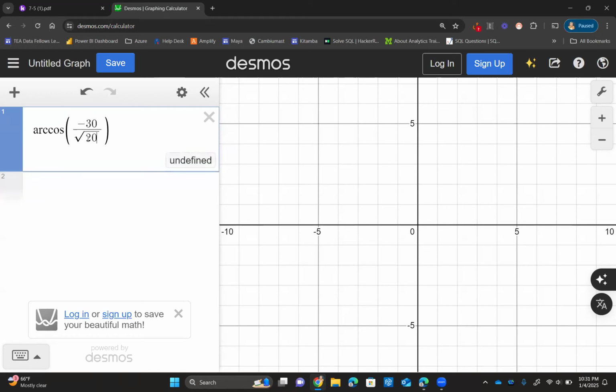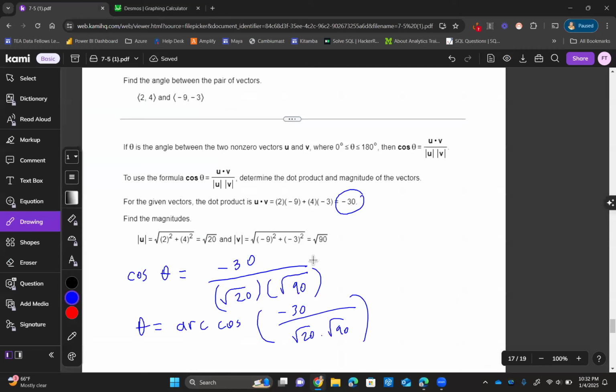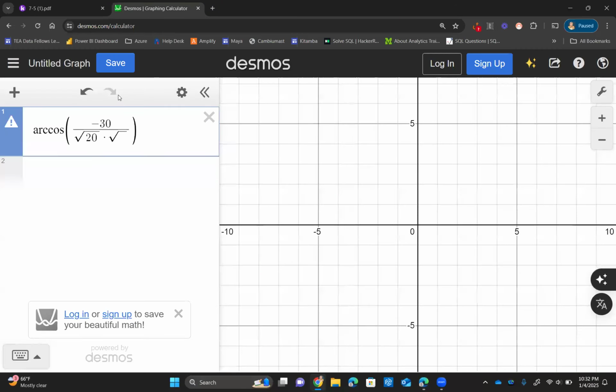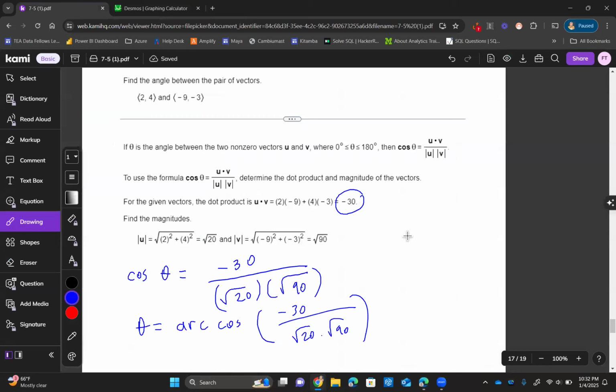We're going to multiply this magnitude by the square root of the other vector's magnitude, and the other vector's magnitude is 90. So this is actually a famous angle. We could probably simplify these radicals and make the ratio as small as possible, and we would recognize that the angle we need is 135. So the angle we're looking for is 135 degrees for this question.